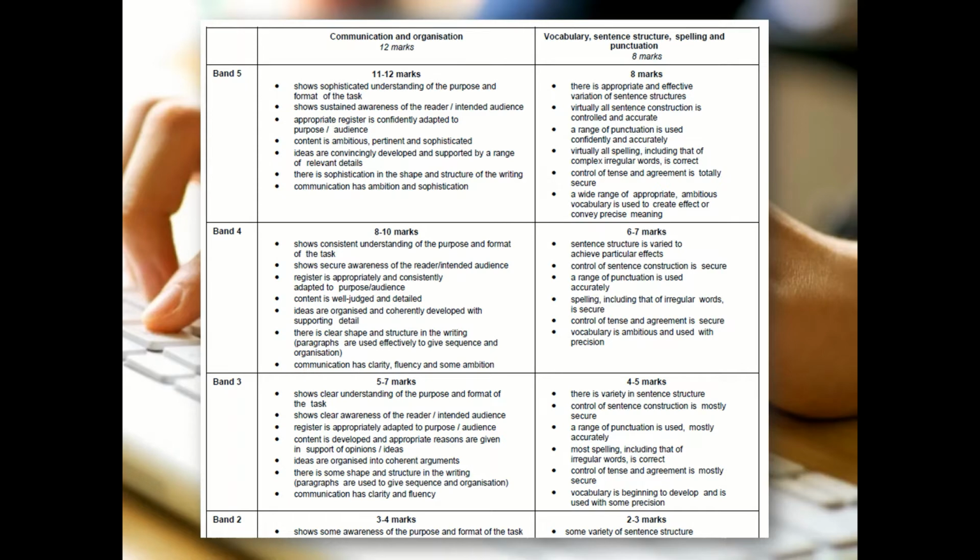You need a variety of different sentences, your short ones as well as your long ones. A range of punctuation is needed for any grade that's a pass or better. And you can see most spelling, including that of regular words, is correct. So all in all, it needs to be suited to target audience and purpose, as well as being written fairly well.